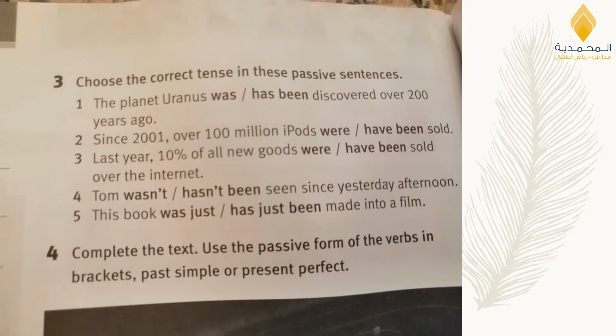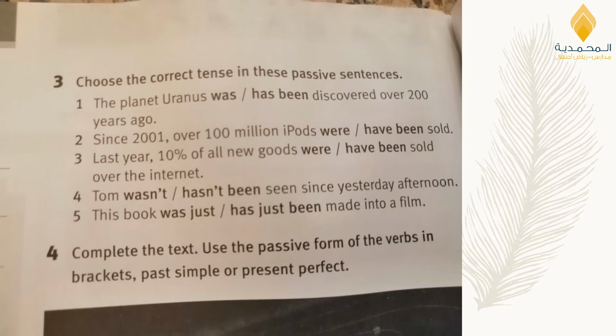Exercise 3. Choose the correct tense in these passive sentences. So, within the sentences from 1 to 5, we're going to have to decide whether to use the past simple form or the present perfect form, and remember to look for keywords.